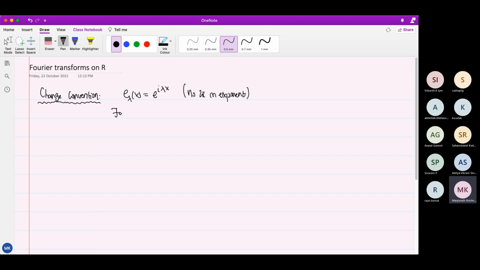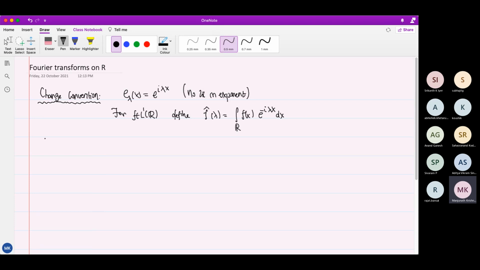And for f in L1 of R, define f hat of lambda to be the integral of f(x) e to the minus I lambda x dx. Okay, so let me define it like this.